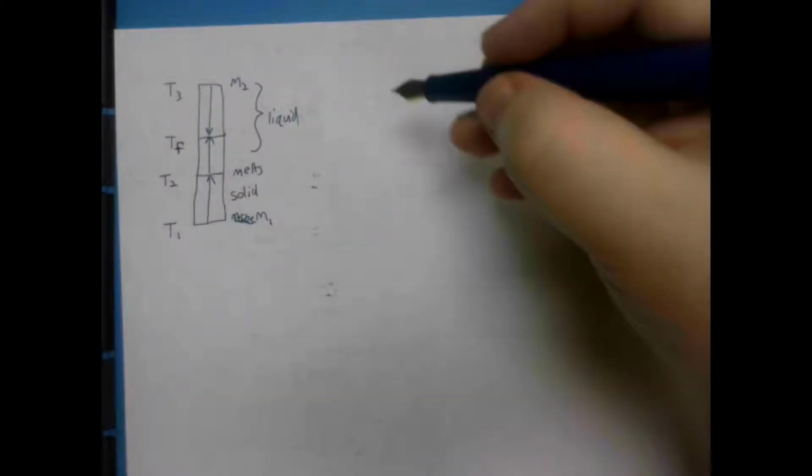This means our equation, we're going to start with T1 solid to T2 solid, to T2 liquid, up to TF, which should also be liquid.